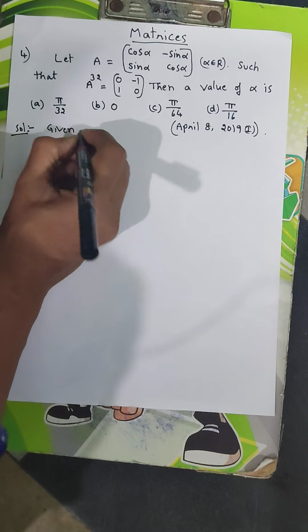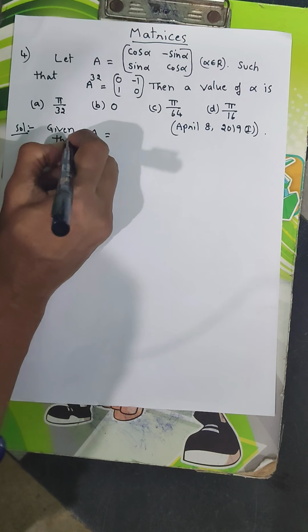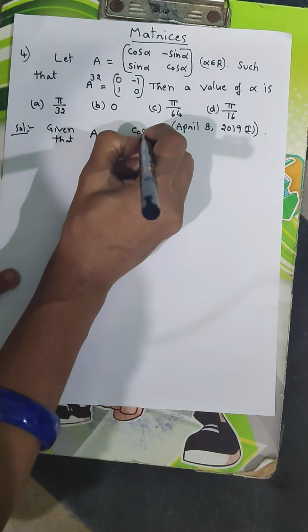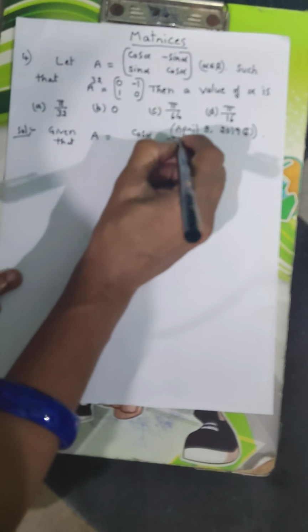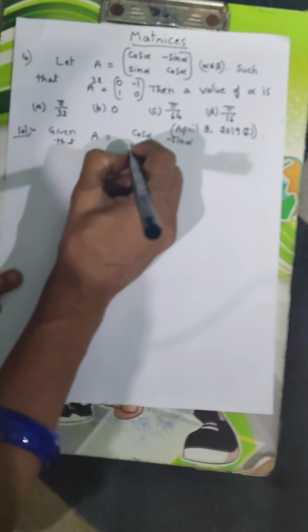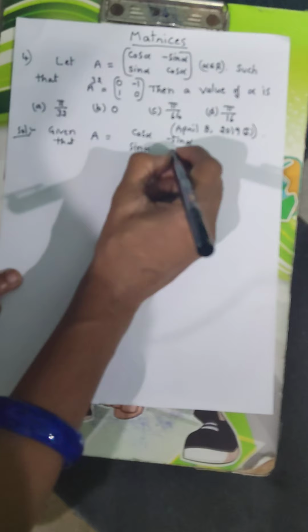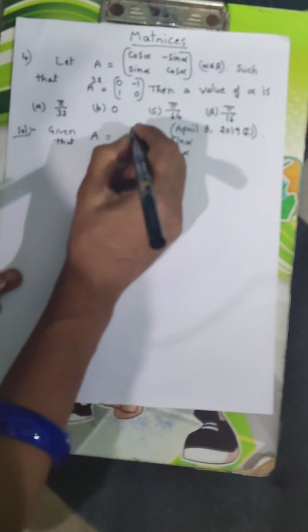So first we write A equal to the given values. A equals the matrix cos alpha, minus sin alpha, sin alpha, cos alpha.